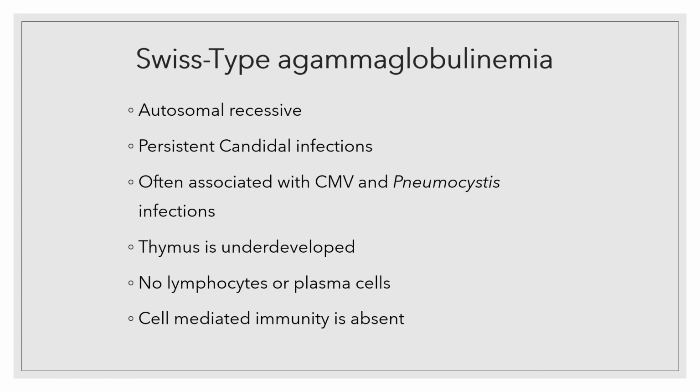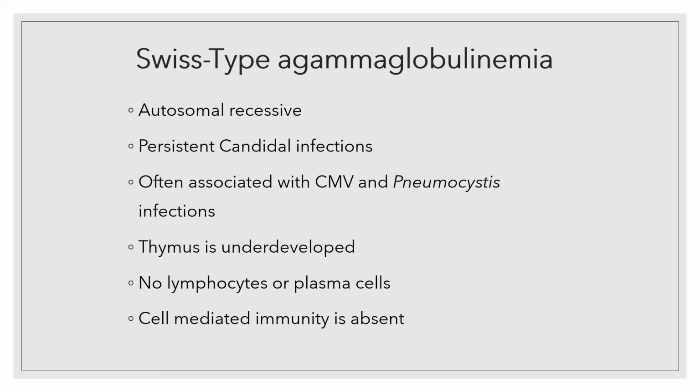Swiss type agammaglobulinemia is a very serious congenital disorder that affects 1 in 100,000 people. Most die by the age of 2. It is an autosomal recessive gene malfunction, and these patients have persistent candida infections. Often this is the earliest sign of the disorder, and it can be seen as early as 1 month of life.